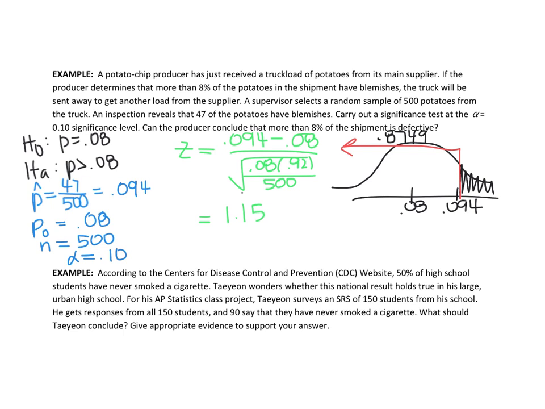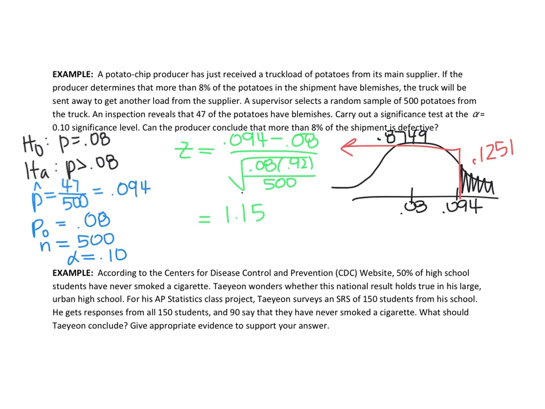And when we do 1 minus 0.8749, we get our probability, which is 0.1251. Okay. We now compare our p-value, which is the 0.1251, to alpha, which is 0.10.